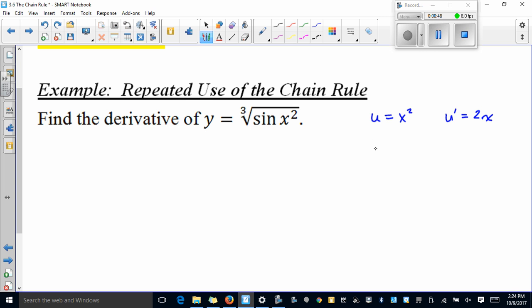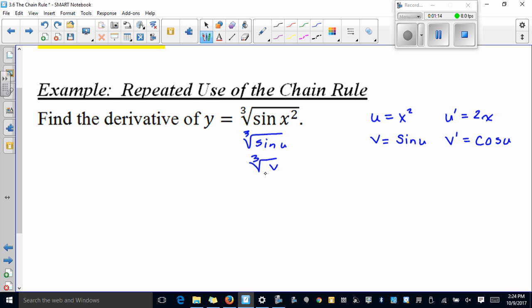Then we're going to use v for the whole thing. But now keep in mind what we have now is a cube root of sine of u. So v is going to be sine of u, and v prime, derivative of sine, cosine. And then now we have the cube root of v.